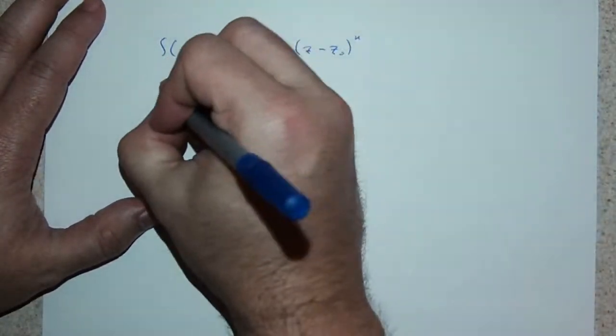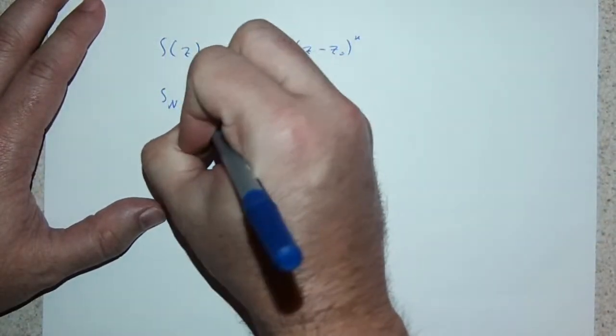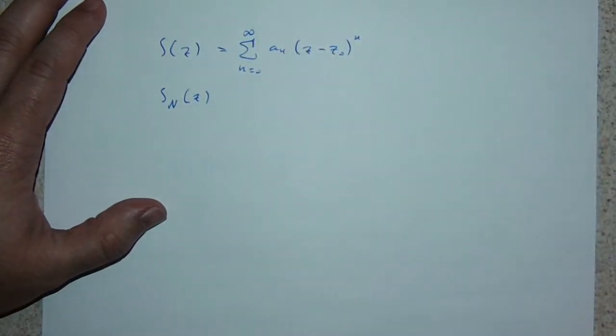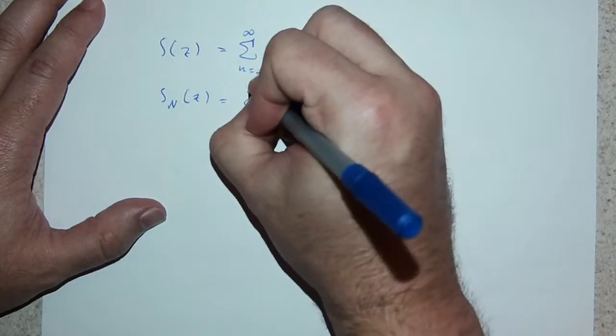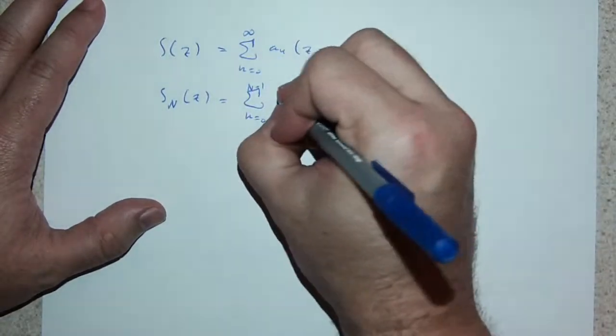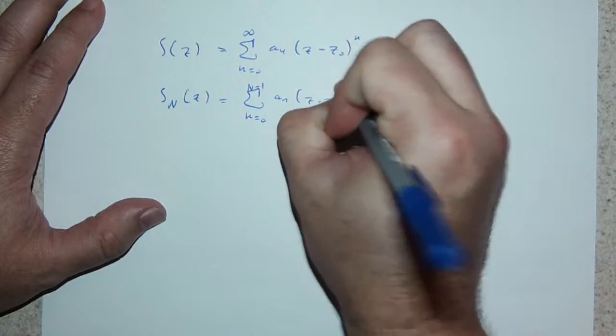The power series up to big N is this truncation. So it's actually a polynomial. So this is the sum from n equals 0 up to big N minus 1 of a sub n times z minus z naught to the n.